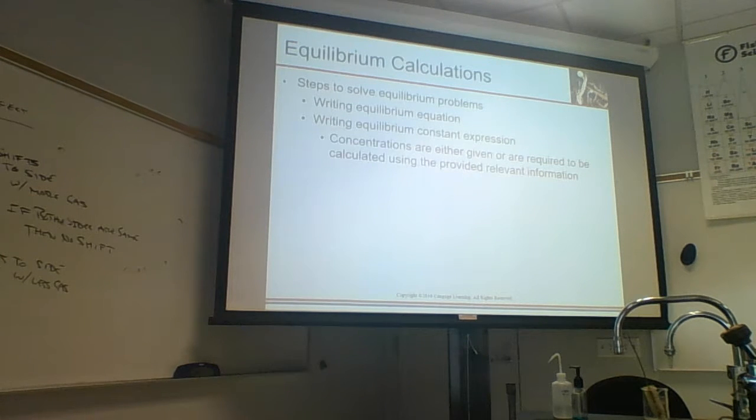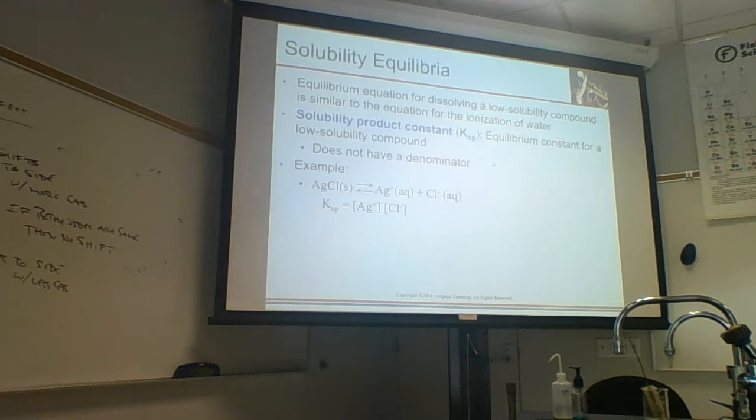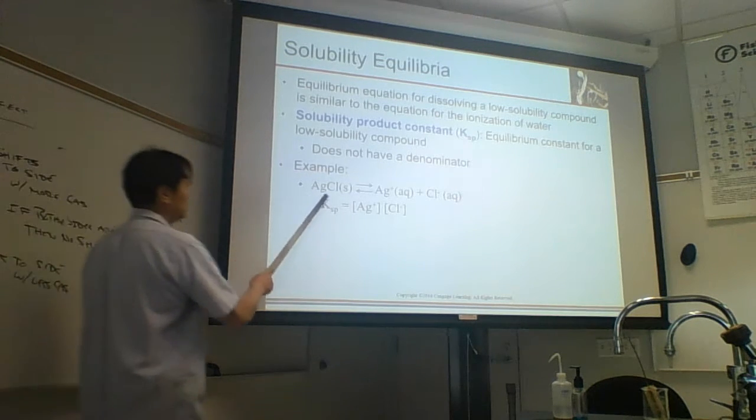So this is acid hydrolysis. It's Ka. Kb is for base hydrolysis. So this is solid dissolving. This is silver chloride dissolving.